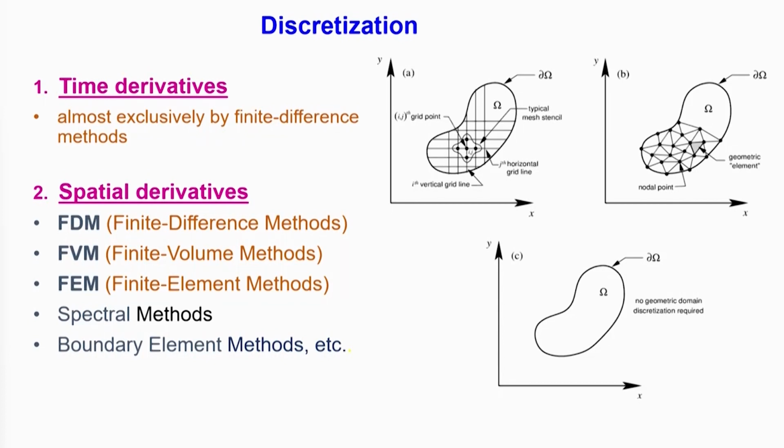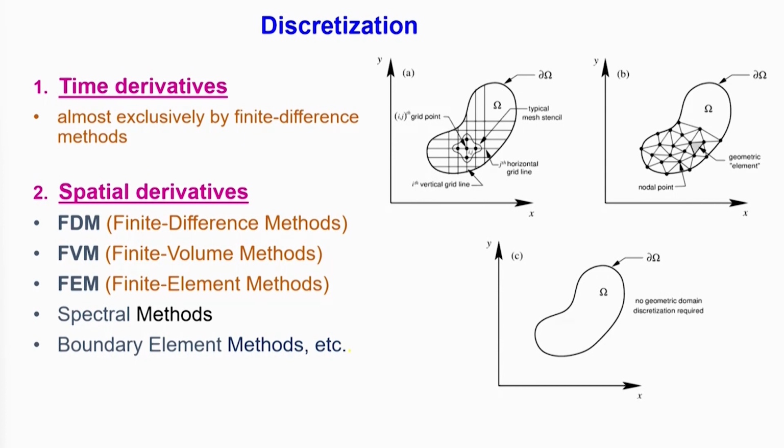So, here is a schematic view of what we mean by this. You have a continuous domain, and you break it into some subdomains with some geometric elements. The bottom picture is the continuous domain, without any discretization. What you see at the top is discretized elements, or you may not have elements, but you have a stencil of horizontal and vertical lines, and wherever they intersect is the node point or a grid point.